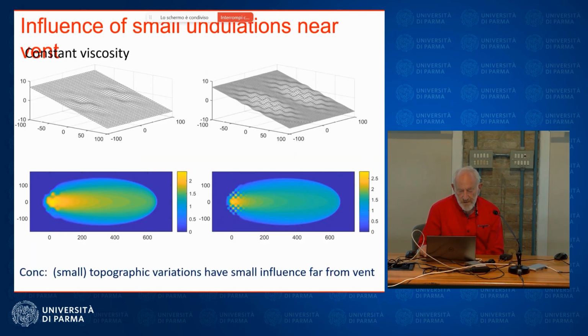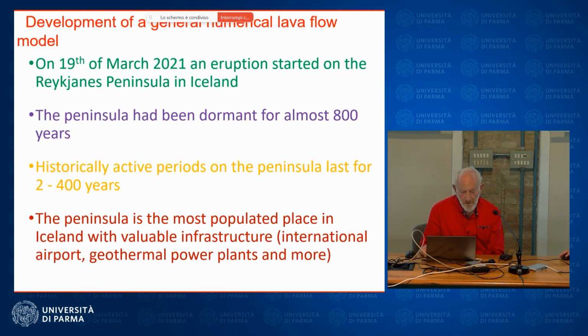Now, of course, general topography is not made up of just one axisymmetric case, but it's really rough, as you've seen here. But I think you can learn a lot from understanding what happens from isolated topography to real topography, as you see here.